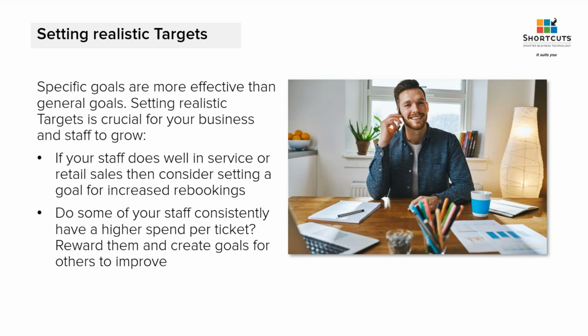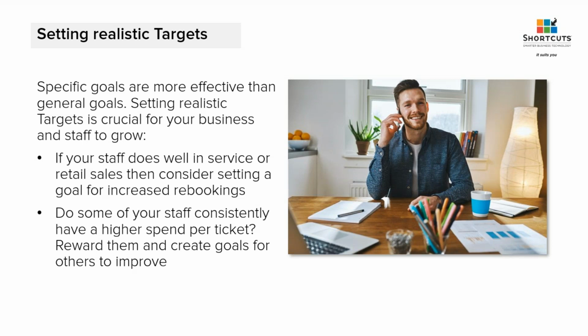And then if you have some staff members, some team members that are constantly performing above and beyond, then you'll know what are their averages. How much further are they ahead than the rest of the staff? You'll want to reward these people, but you also want to incentivize the rest of the staff to try to catch up. Try to see what are the habits that your top performers have that perhaps they could be emulating.